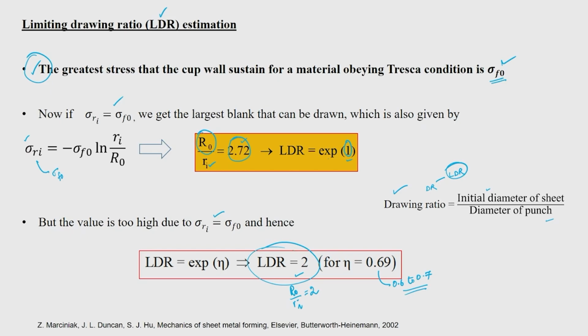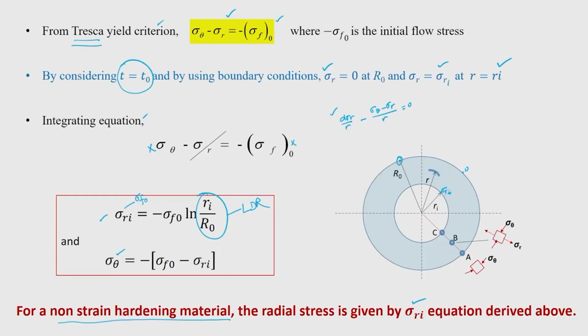So, through this simple derivation, though it is for a non-strain hardening material and frictionless case, we derived expressions for sigma R, the radial stress, and sigma theta, by assuming the Tresca yield function. This is the first time we are doing it in this course.